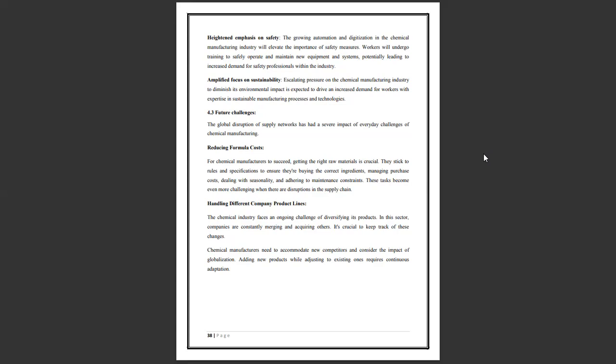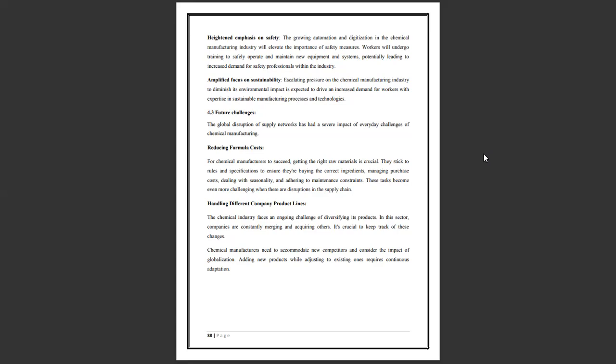They stick to rules and specifications to ensure they are buying the correct ingredients, managing purchase costs, dealing with seasonality, and adhering to maintenance constraints. This task becomes even more challenging when there are disruptions in the supply chain.